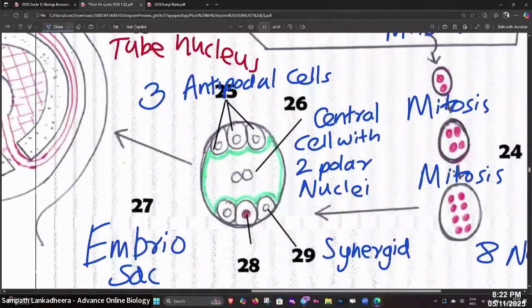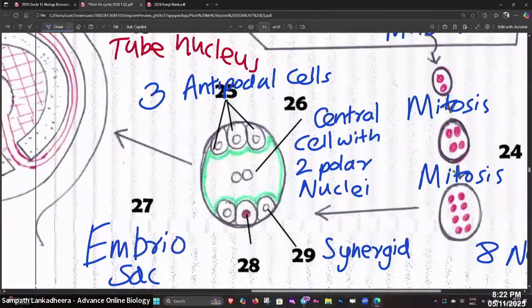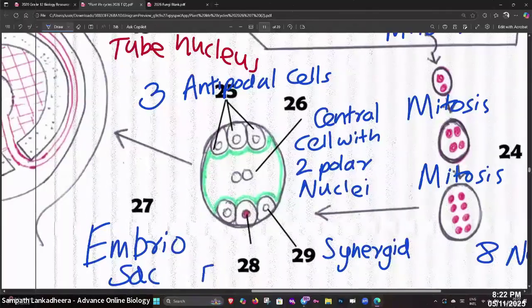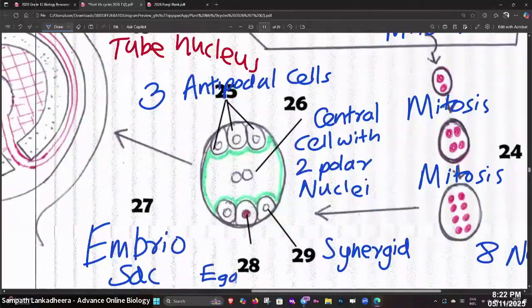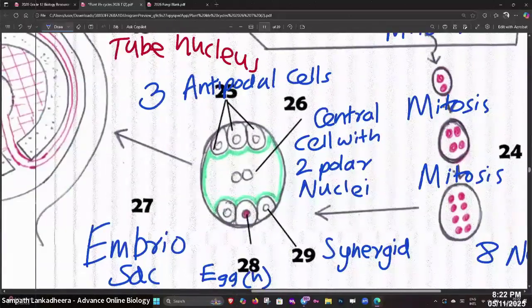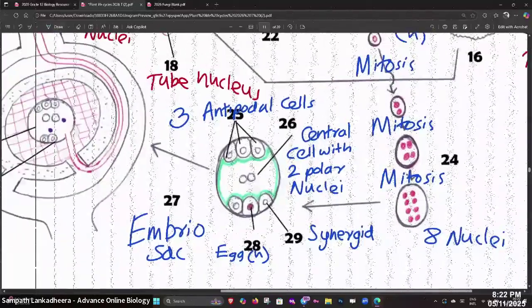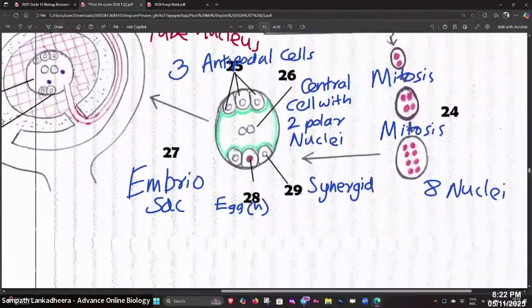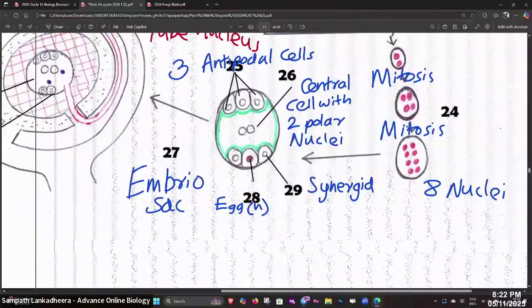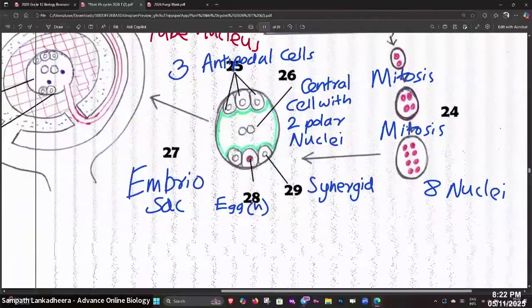Number 28 is that beautiful queen. What's that? Egg. The haploid egg is there. That's the egg. Beautiful egg, right, people?